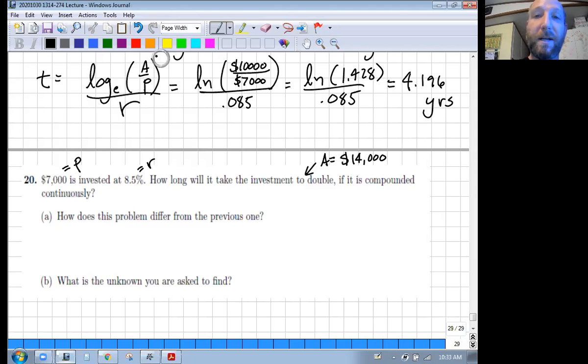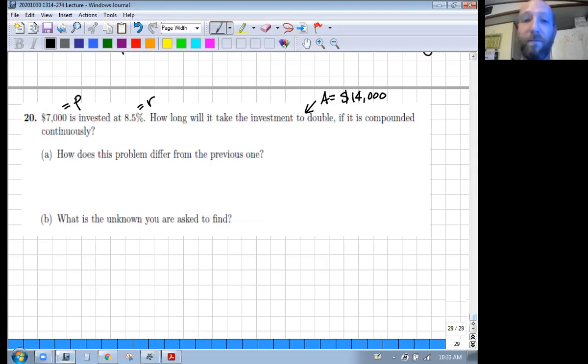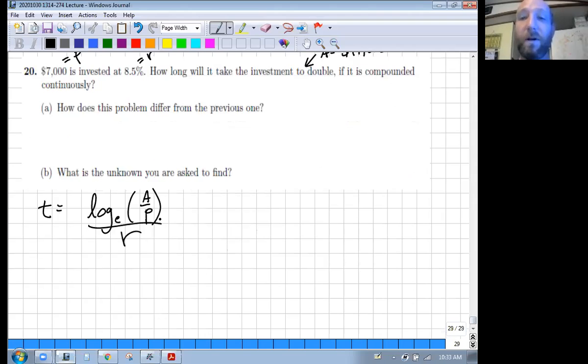We're looking for the time, so we use our formula. Log base e is also known as natural log. The amount was twice our initial principal, so amount is twice P. It really doesn't matter what you start off with.